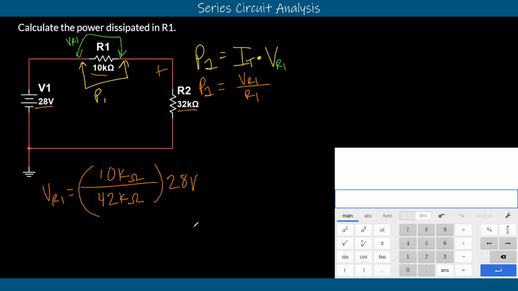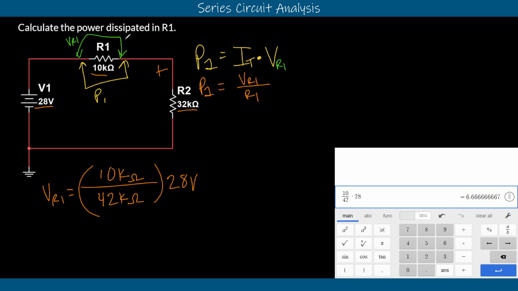Right. And so from here, we can calculate this out and we'll get the voltage drop across that resistor, and then we can plug in directly to our power law. Here we'll say that we have 10 kiloohms divided by 42 kiloohms. I can leave the kiloohms off because they're going to cancel each other out anyway, right? Then I can multiply that by 28 volts, and that's going to give me the ratio of voltage that was distributed to R1.